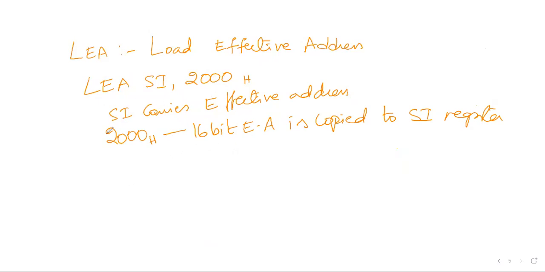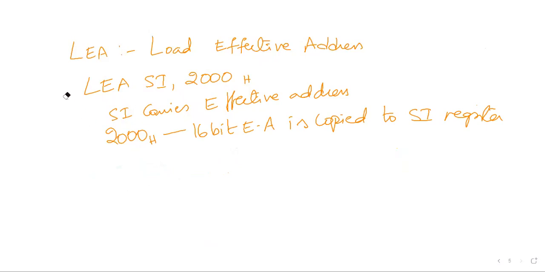That is LEA. Similarly, LEA BX, comma 3005 hexa. The BX register is sometimes used as a memory location pointer, so the BX register is also used to carry the effective address. This 3005 hexa number is copied into the BX register. So that is load effective address.